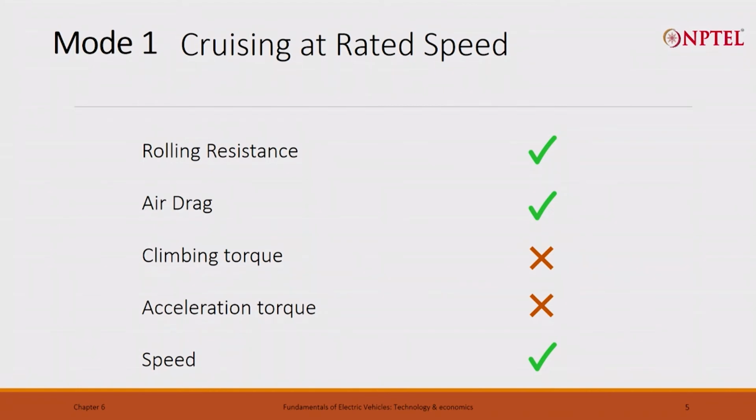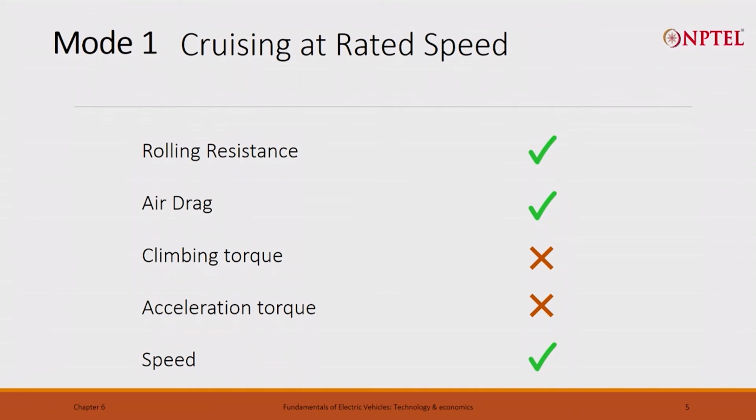So if you look at the cruising at rated speed context, the rolling resistance is in operation. The rolling resistance comes into operation whenever the vehicle is running. There is air drag. We all know that air drag is significant when we are going at a reasonable speed, but if the speed is very low, the air drag can be neglected. Since I am cruising at a rated speed, I am not at a very slow speed, so there is a significant air drag.